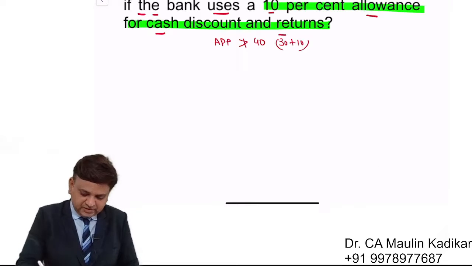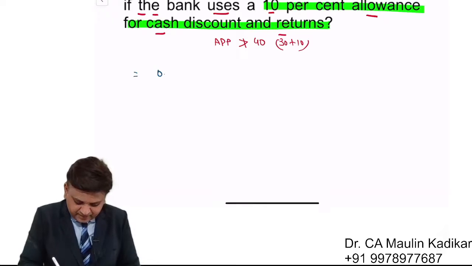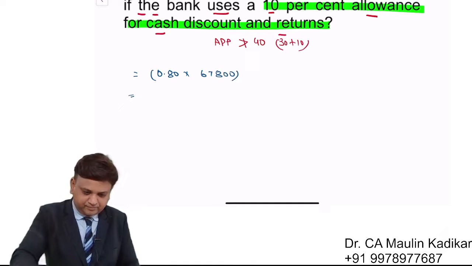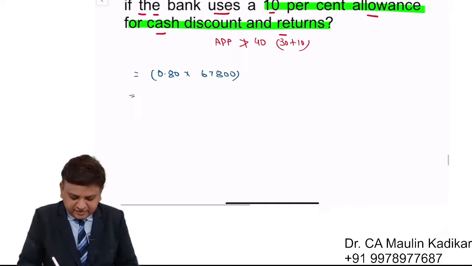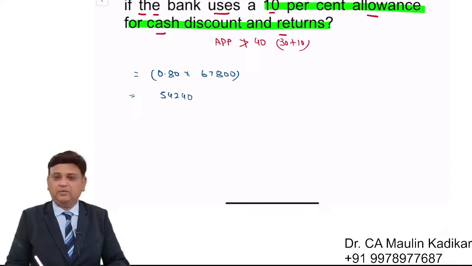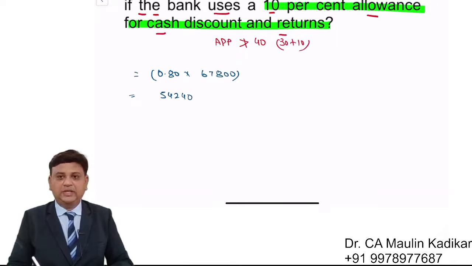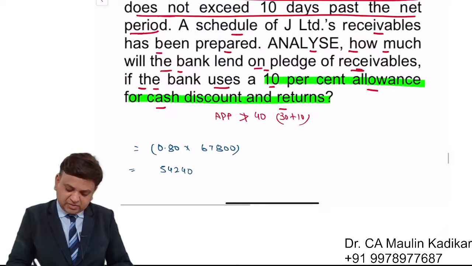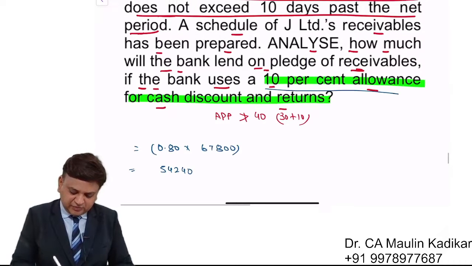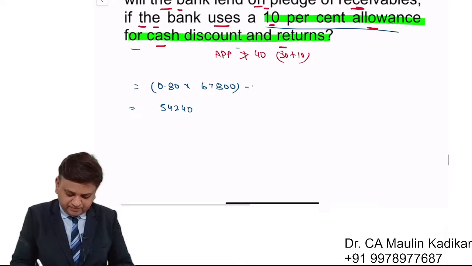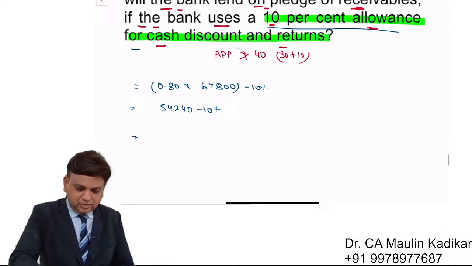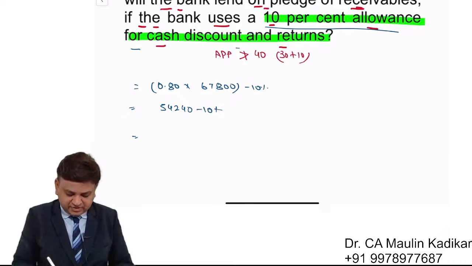So what we will do, friends, 80% of 67,800 is 54,240. Now, is this the loan amount? Answer is no. The question provides that the bank uses 10% allowance for the cash discount and return. So minus 10 percent. So the answer is 48,816.